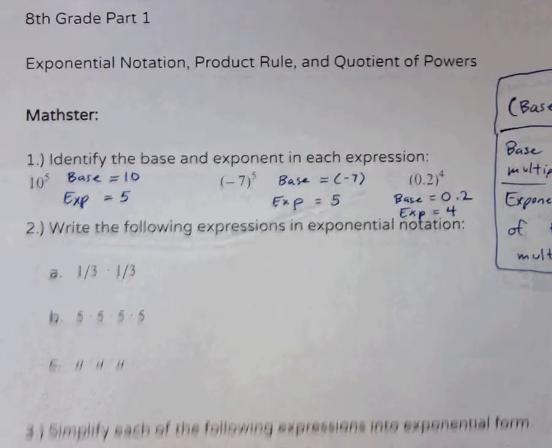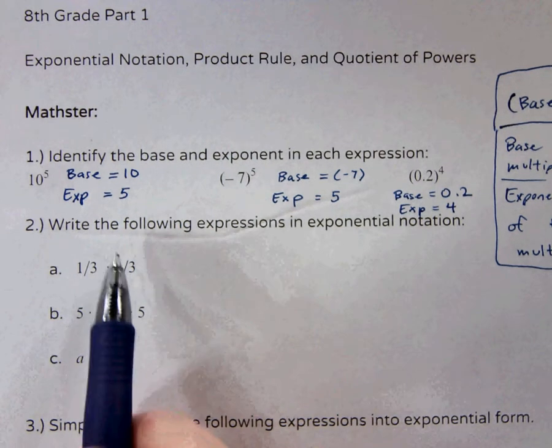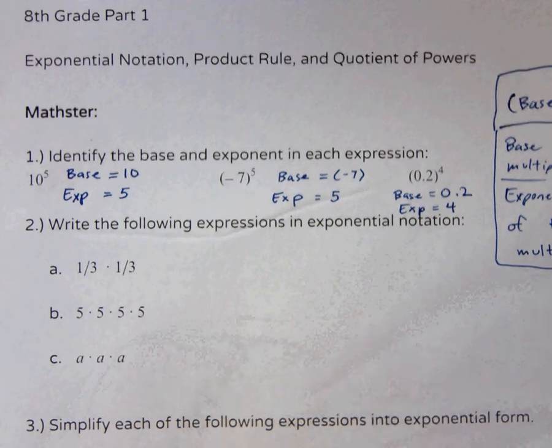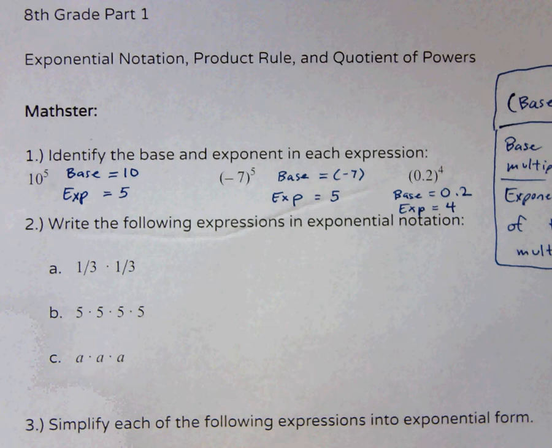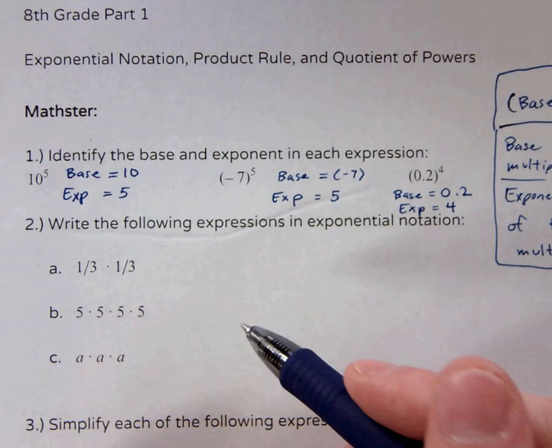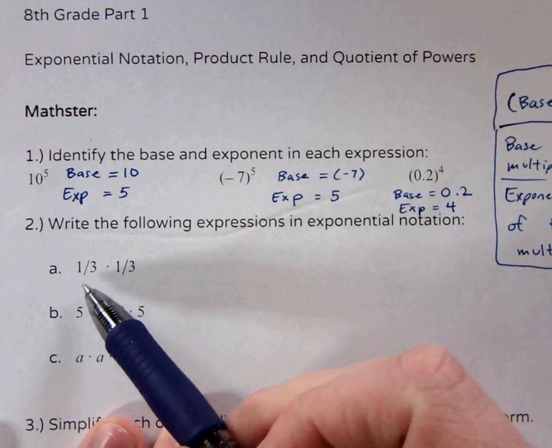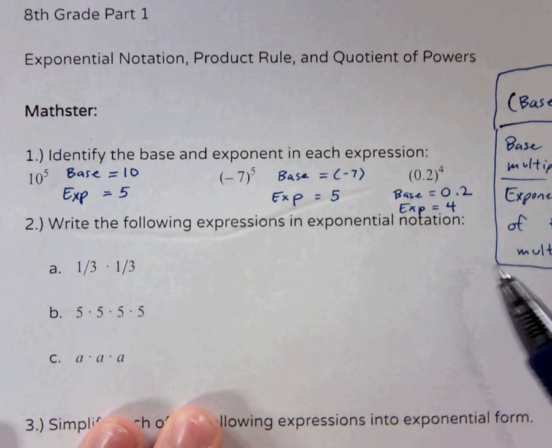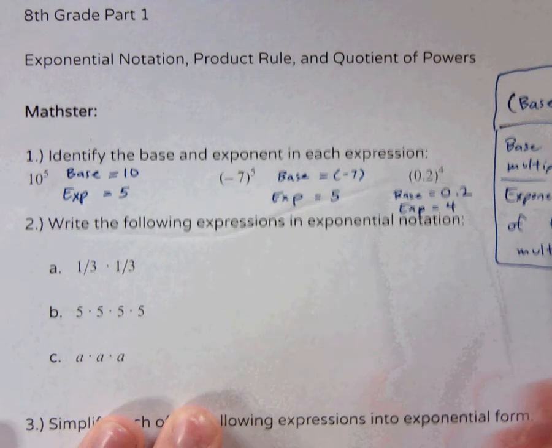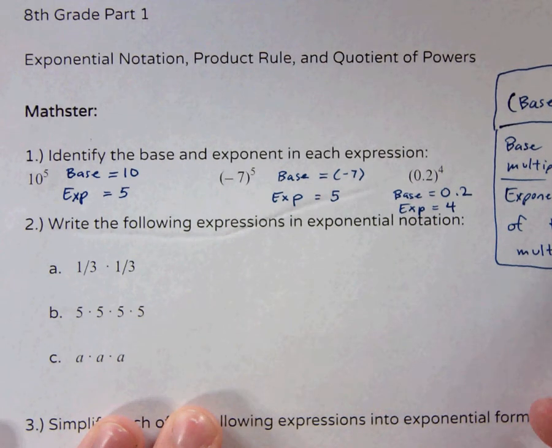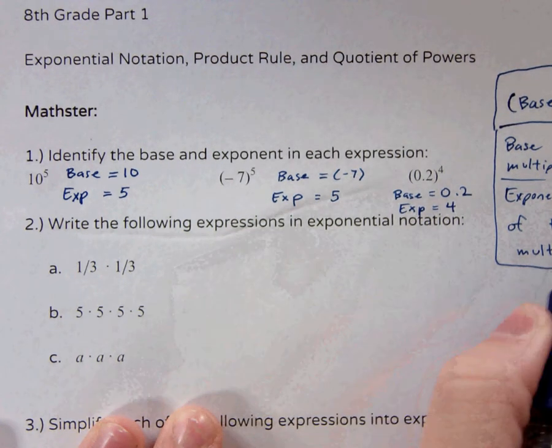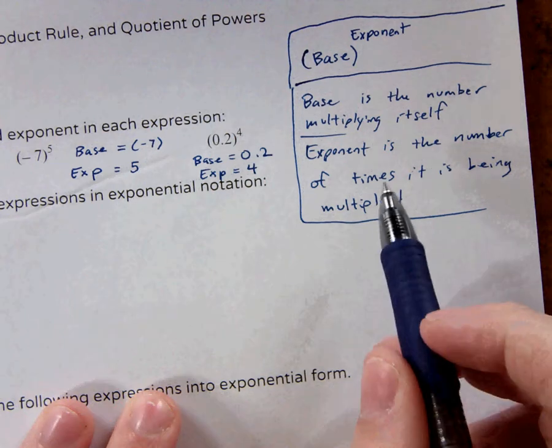If I wanted to write the following into exponent notation, what that means is I'm going to take these numbers, 1/3 times 1/3. 1/3 is the base because that's the number multiplying by itself, and the exponent is the number of times it's being multiplied.